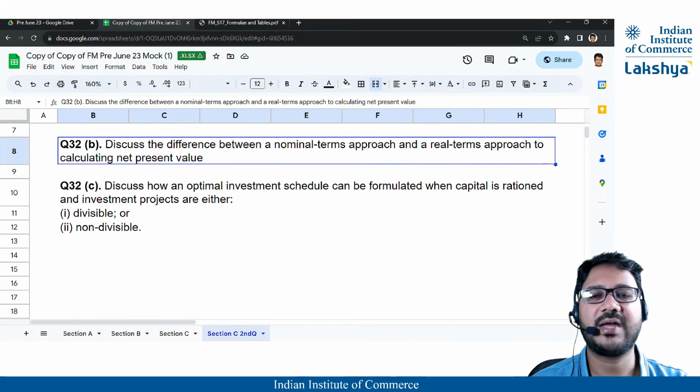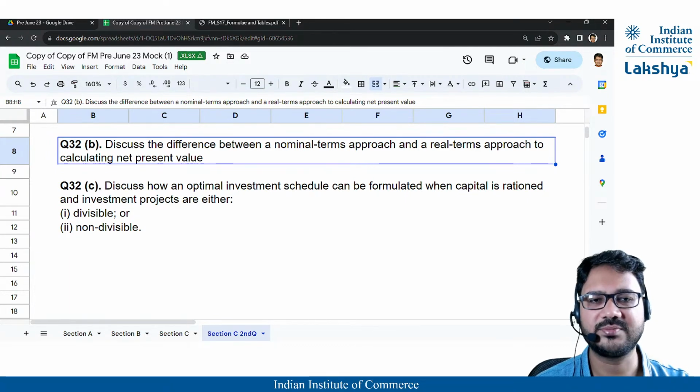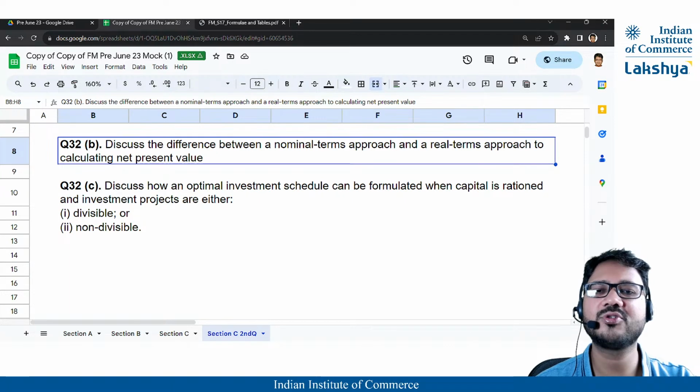You can discount it and do it. And when there is a general inflation rate available, you can have all the cash flows in real terms, and you can discount it also in real terms, real rate. So that's the real term. This is again in brief. From the notes, you can just formulate your answer.